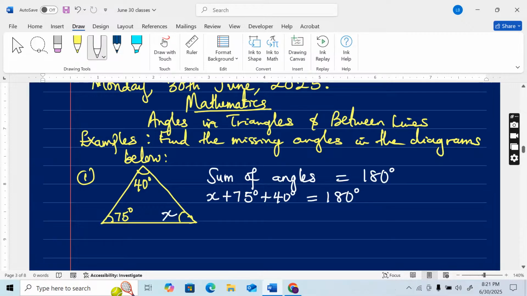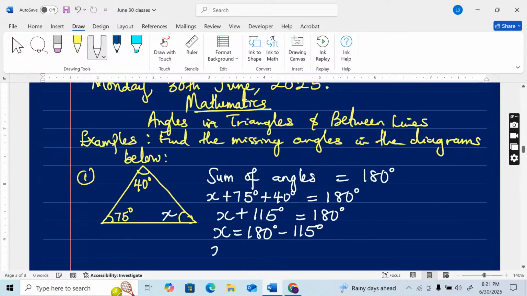This is an equation, so we have to find the value of the unknown. X plus 75 plus 40 gives us 115 degrees equals 180 degrees. To find the value of X, we subtract 115 from both sides. X is equal to 180 degrees minus 115 degrees, so X is equal to 65 degrees. That is the missing angle in the triangle.